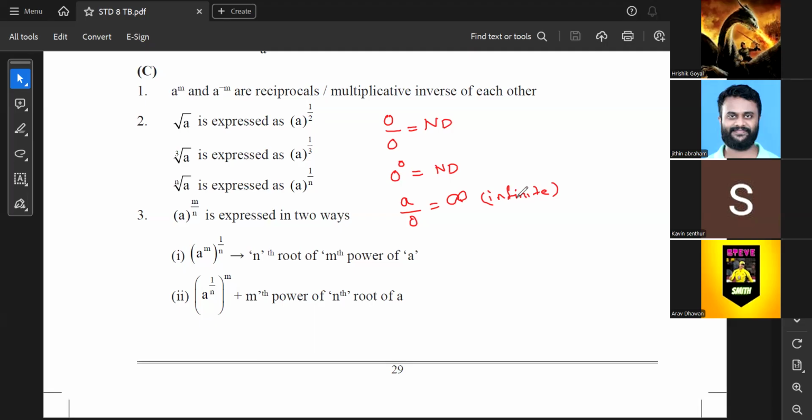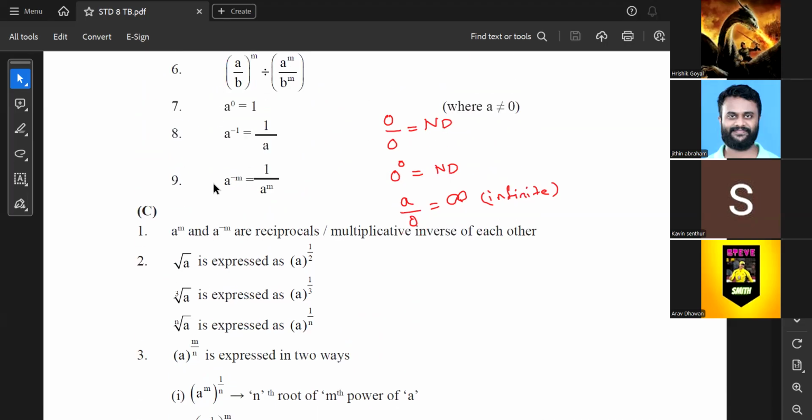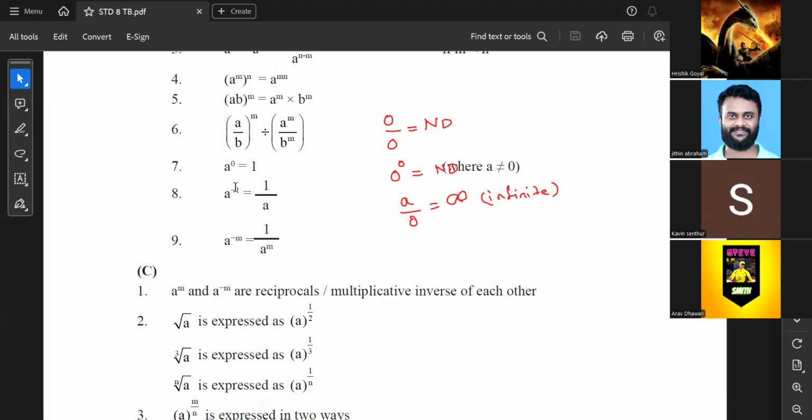It's written over there. I'll show it to you. A raised to 0 equal to 1, where a should not be equal to 0. A can be minus 1, plus 1, minus 100, plus 100, any number it can be, but a should not be equal to 0. That is the only condition.